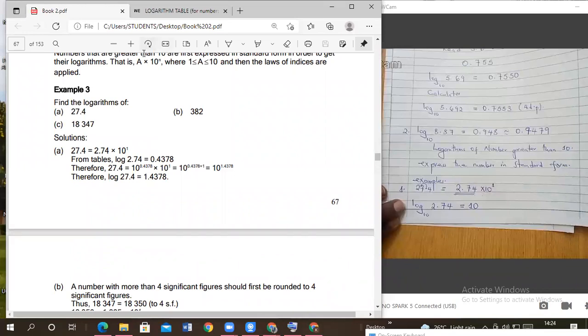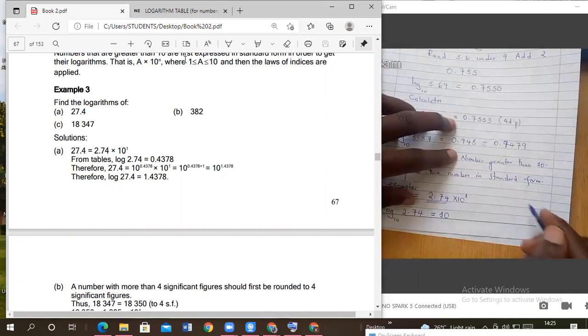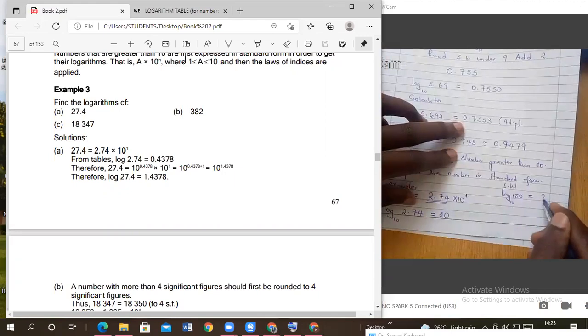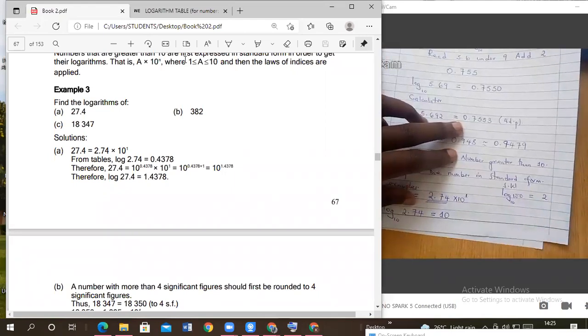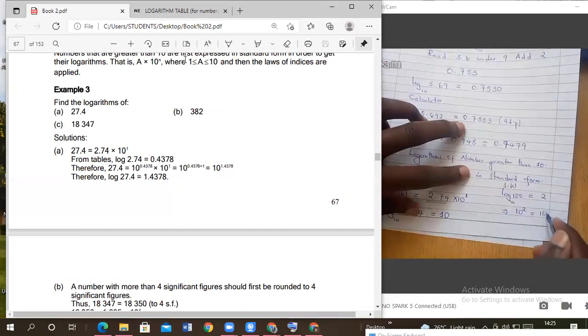Like what we said, take for example, if I have log of 100, the answer is 2. This one is the same as 10 to the power 2 is equal to 100.